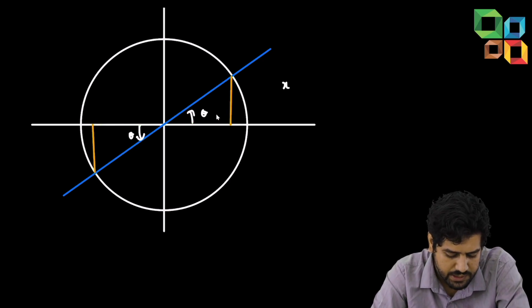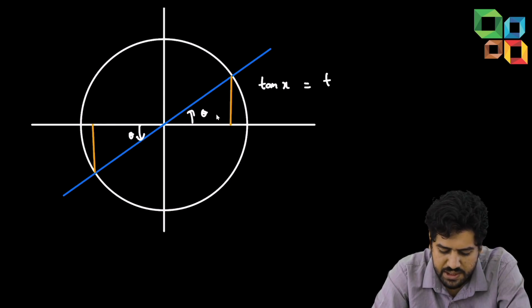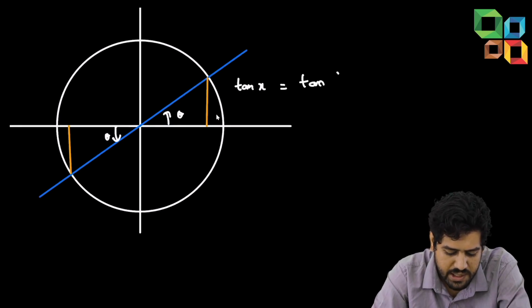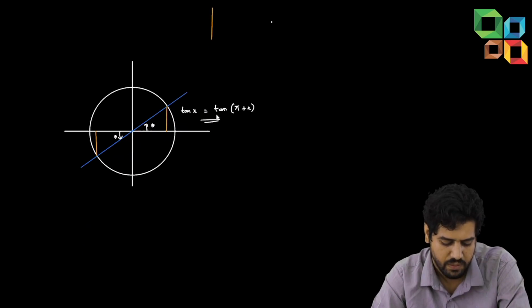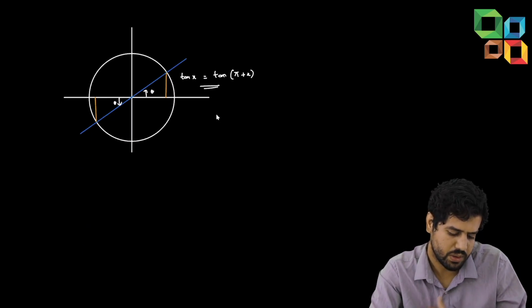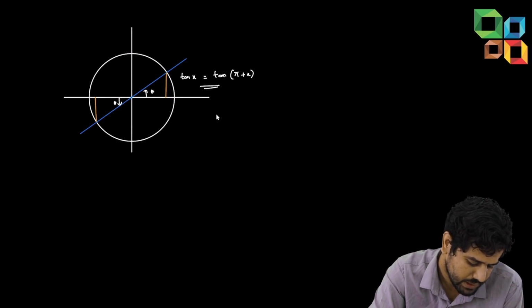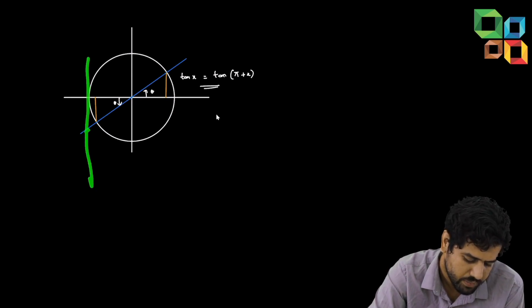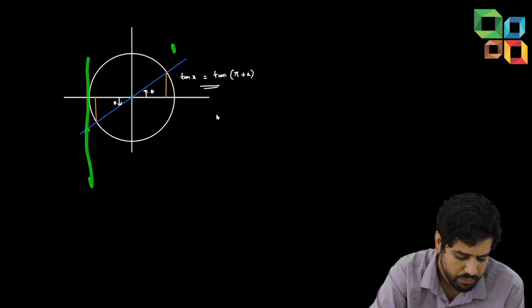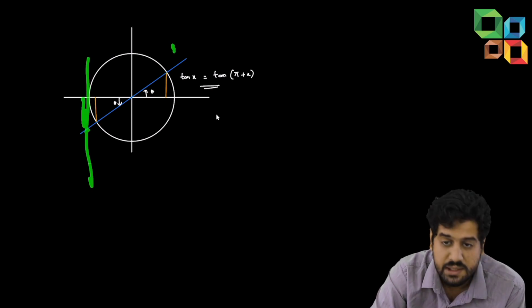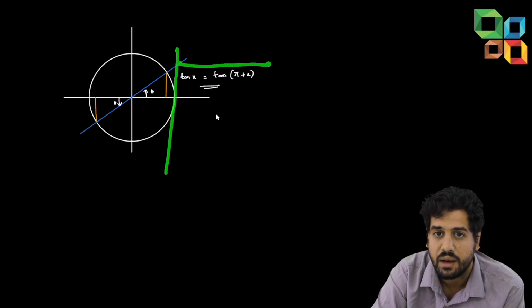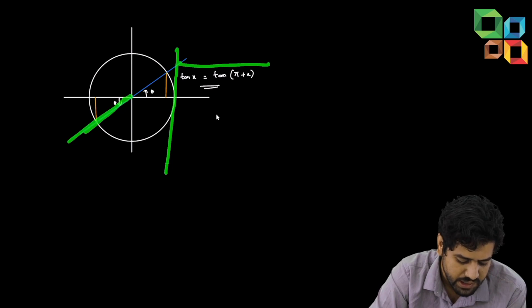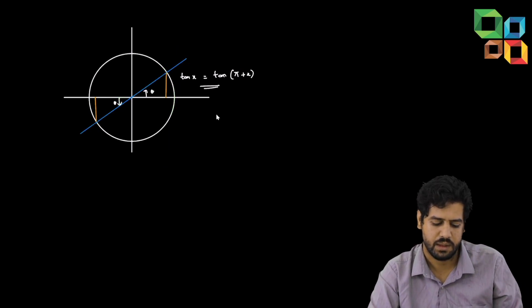So tan of x will be same as tan of pi plus x. Okay, tan theta and tan of pi plus theta is exactly the same. Okay, so if you have to draw the tan of a value here, it won't be negative, it will be positive. But since instead of taking this and taking it in the positive direction, you can just extend this line because you know tan of pi plus theta is same as tan of theta. Correct?